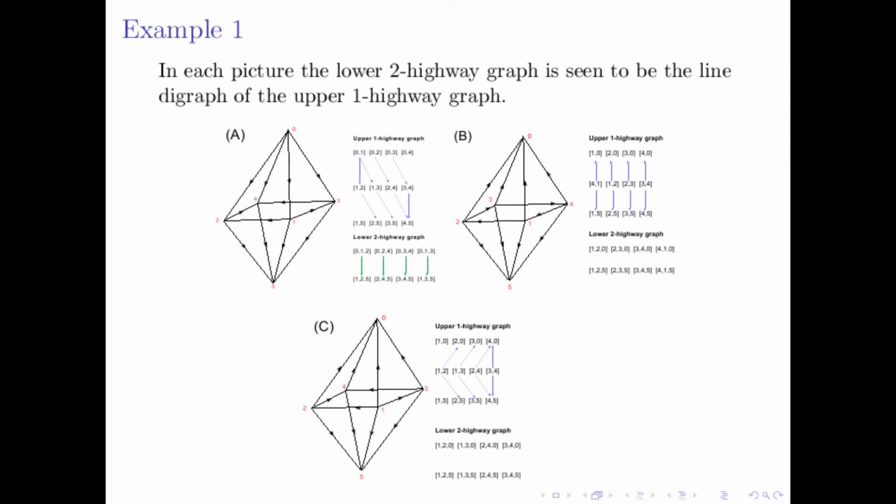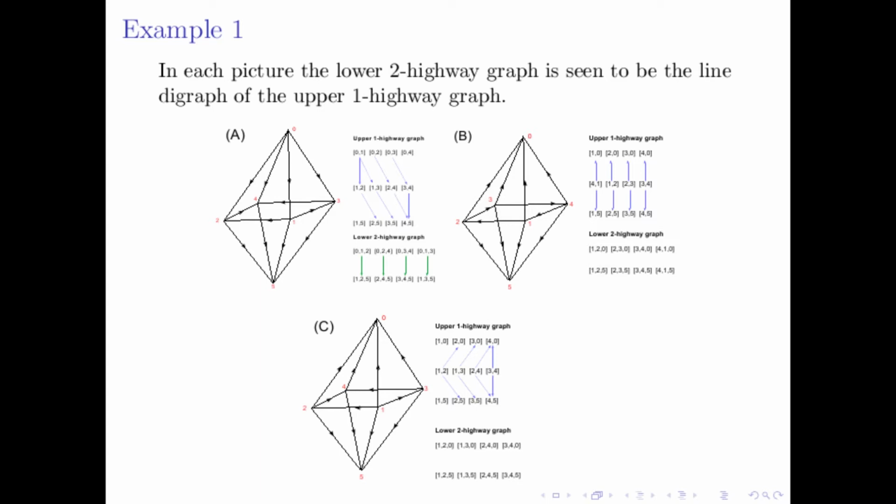Now we are looking at the same picture as before, without the realization here. You can see that the lower highway graph is actually the line digraph of the upper one. For instance, if you look at the path that goes from 0,1 to 1,2 to 2,5, here you see a path from 0,1,2 to 1,2,5.